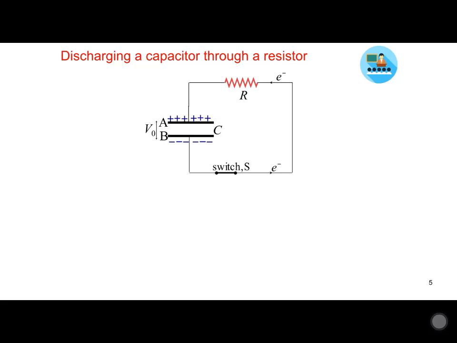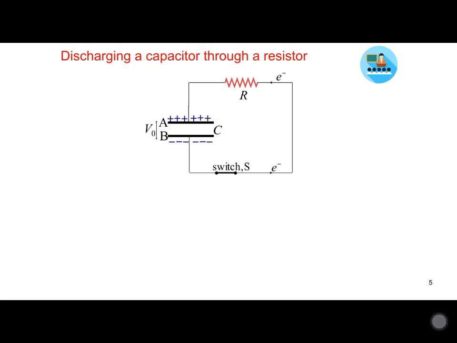So initially we have the potential difference across the capacitor as maximum, and now a maximum current will flow through the resistor. When part of the positive charges on plate A is neutralized by the electrons, the voltage across the capacitor will reduce, and the current will start to decrease from its maximum.